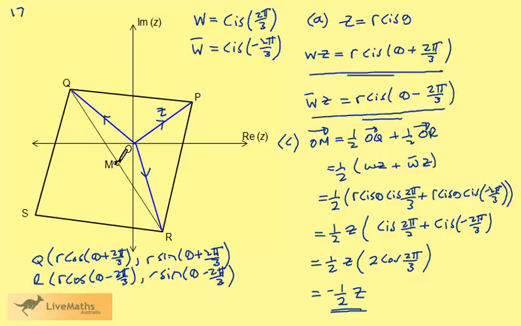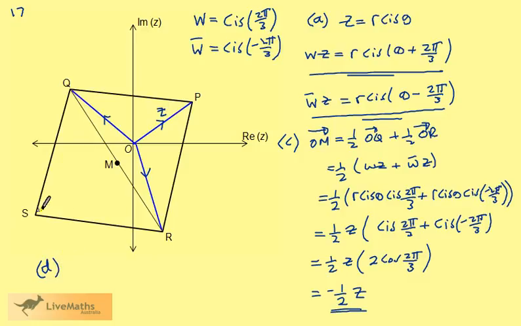We can then find M, which is the midpoint, by averaging the coordinates, using expansions for cos a plus b and sine a plus b, cos a minus b and sine a minus b. It does give us the same result, but it is quite a lot of work for 2 marks.